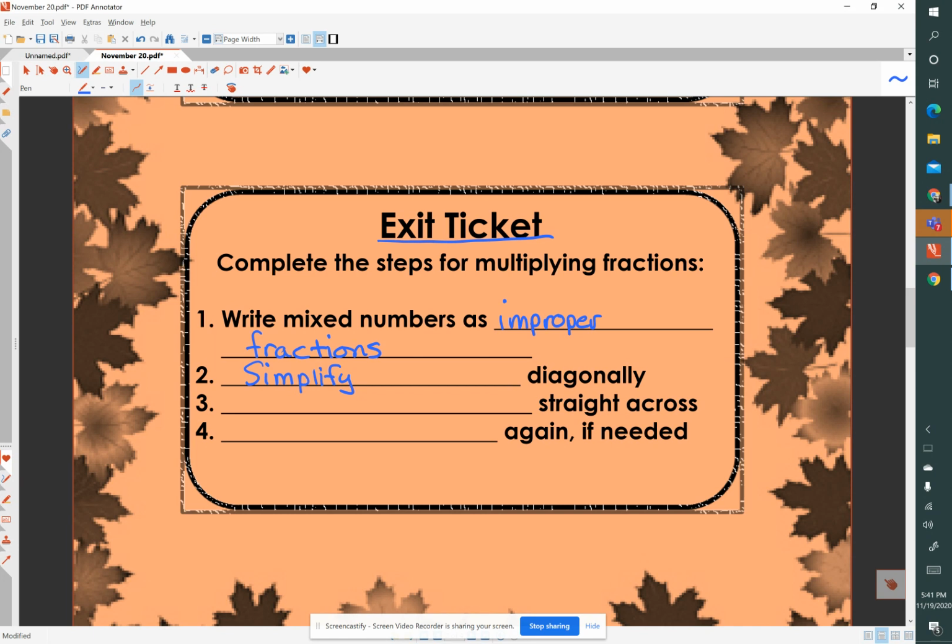Then multiply straight across. Straight across. Numerator by numerator, denominator by denominator. And then when you get to your answer, you simplify again if needed. Not always needed, but sometimes it will be needed.